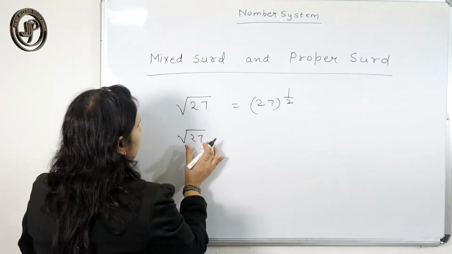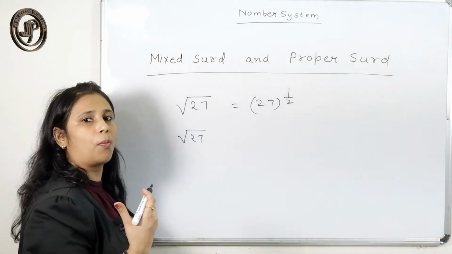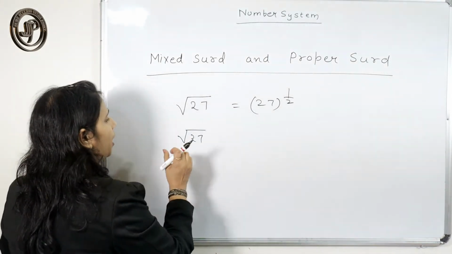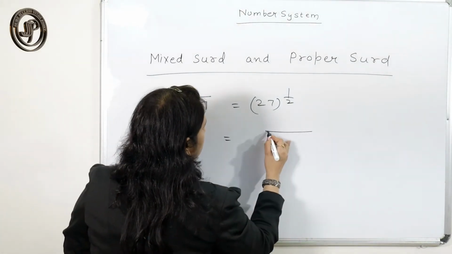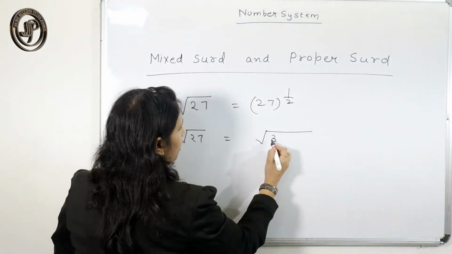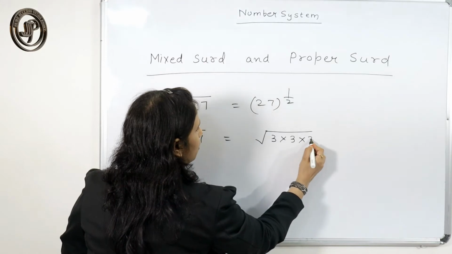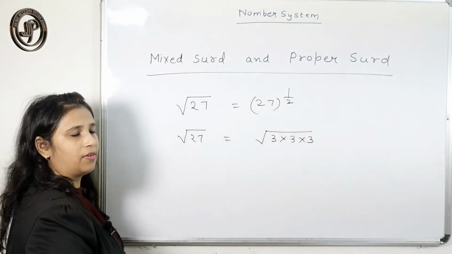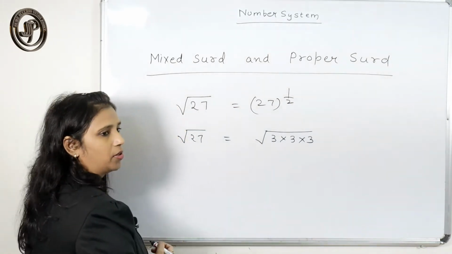But to simplify, when you are going to do various operations, you have to write this in the mixed form. The same irrational number you can write this way: root 27 you can write as 3 into 3 into 3. What is the order? 2.